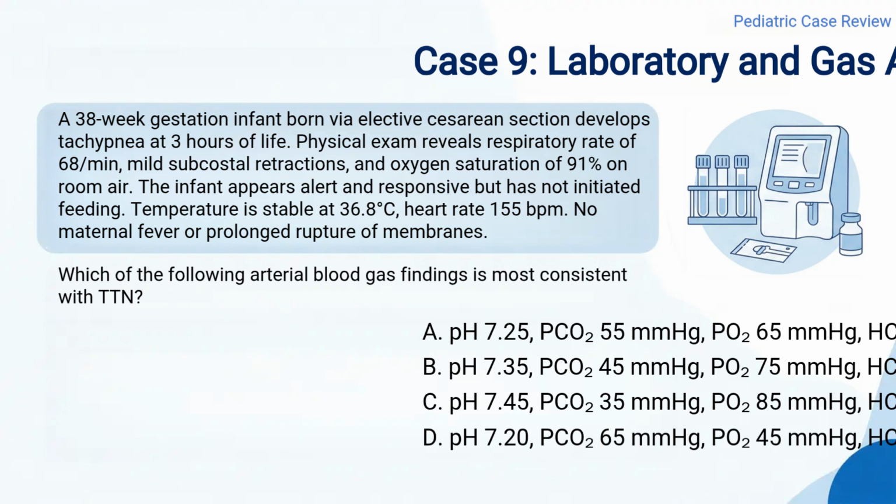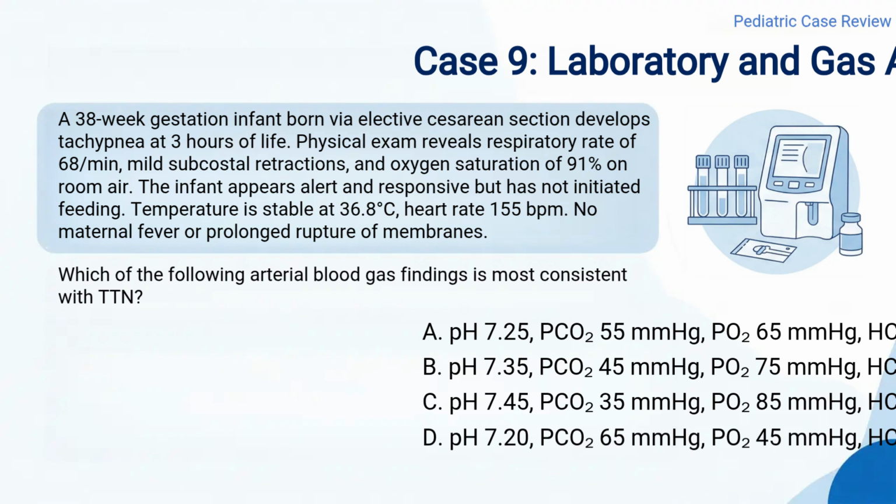Which of the following arterial blood gas findings is most consistent with transient tachypnea of the newborn? Option A, pH 7.25, carbon dioxide partial pressure 55 millimeters of mercury, oxygen partial pressure 65 millimeters of mercury, bicarbonate 22 milliequivalents per liter. Option B, pH 7.35, carbon dioxide partial pressure 45 millimeters of mercury, oxygen partial pressure 75 millimeters of mercury, bicarbonate 24 milliequivalents per liter.